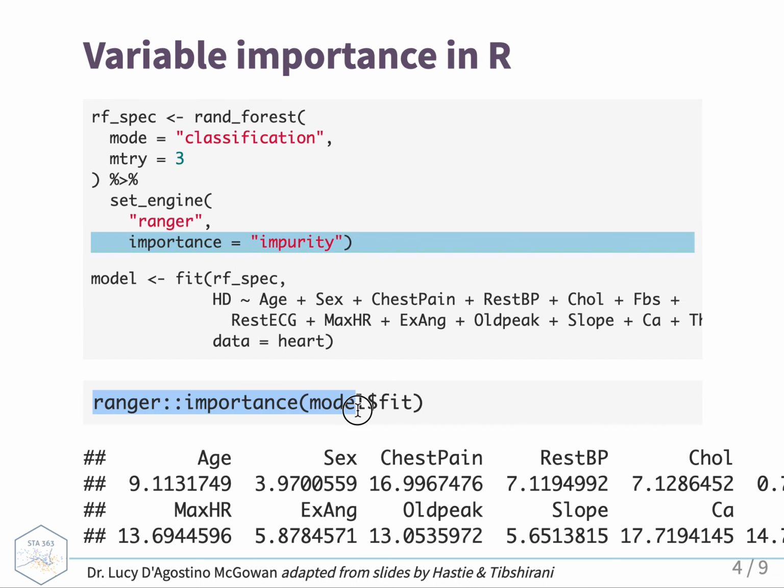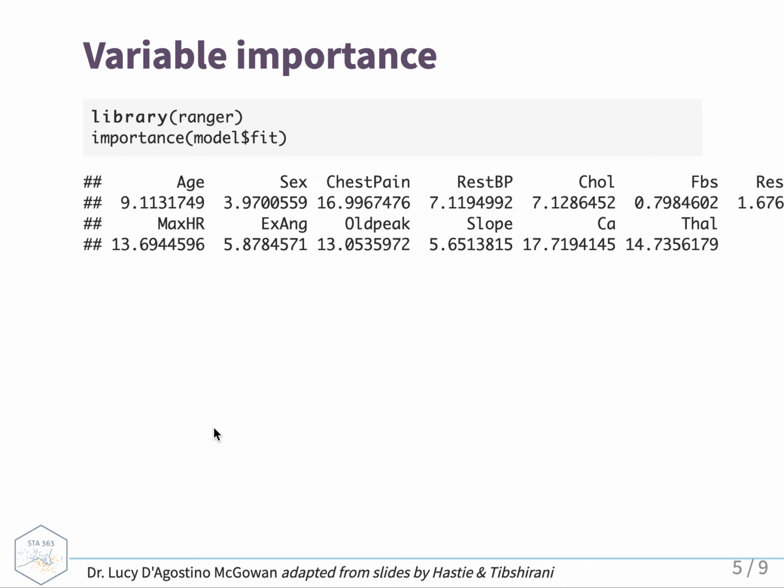When I call the function using the double colon instead of loading the library, I sometimes do that if I want to be very explicit about where the function comes from, and also if I'm only using one function from a package. Either way is totally fine.